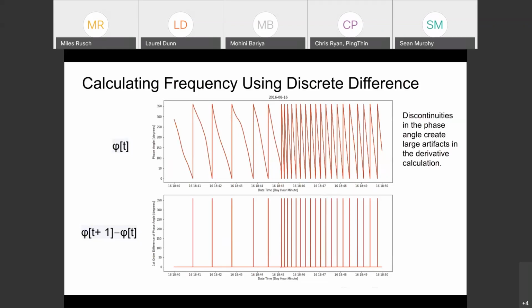And so these artifacts are not physically large jumps in frequency, and so we need to remove them to see the actual frequency signal.